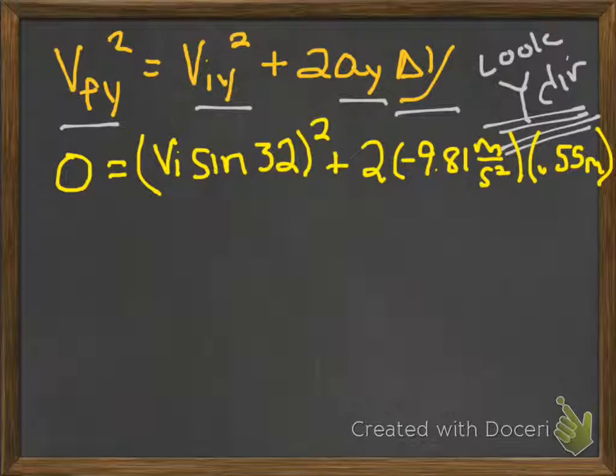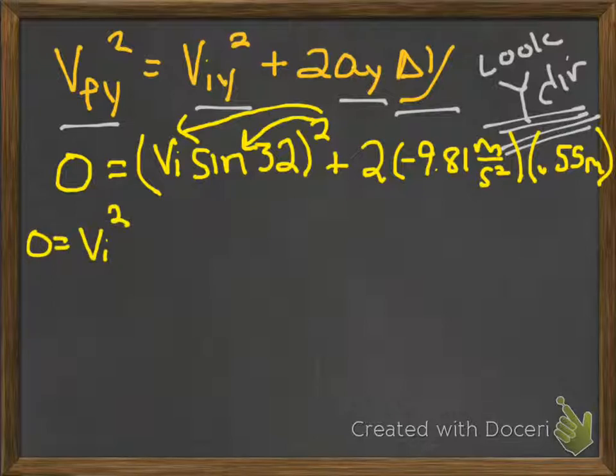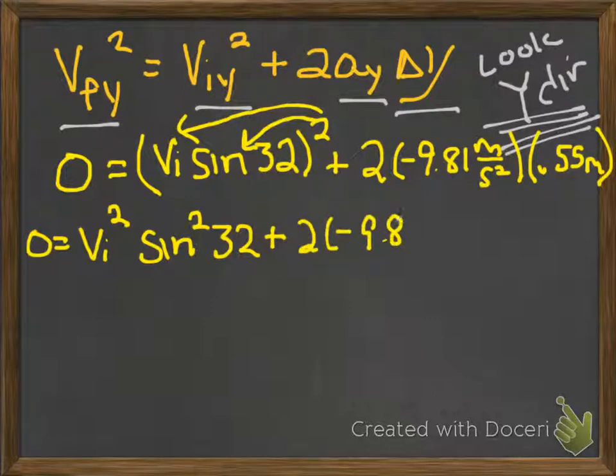When you have two things multiplied together with a square, you can distribute the square and rewrite this as vi squared sine squared of 32 plus 2 times negative 9.81 meters per second squared times 0.55 meters.